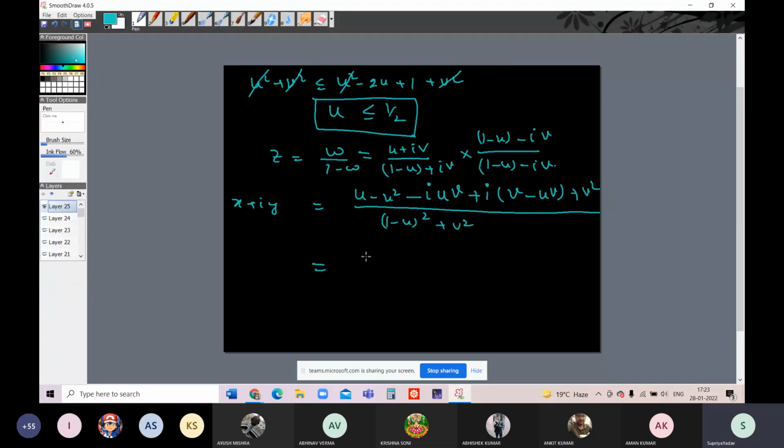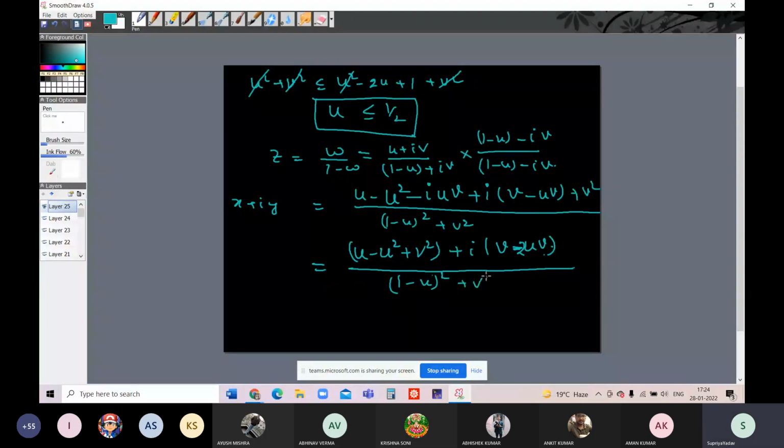So this will give you, what was this, u − u² + v² + i(v − uv − uv), that is 2uv, divided by (1 − u)² + v².